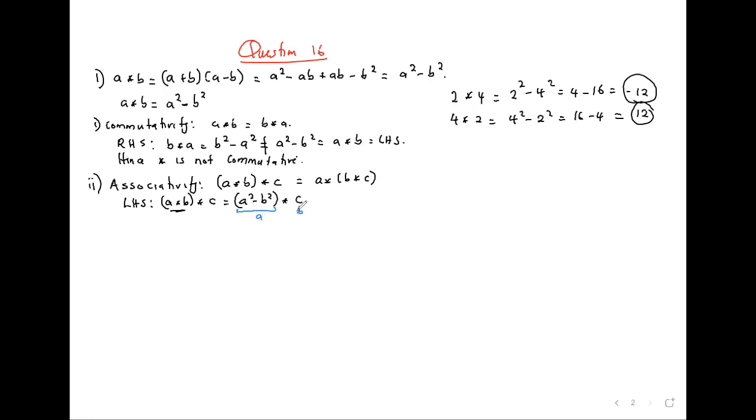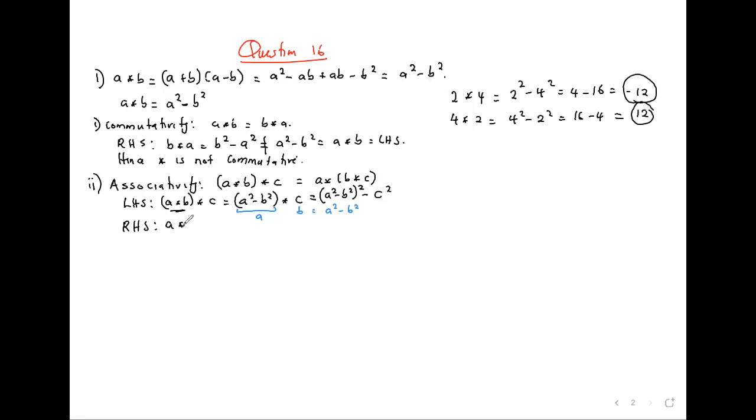This is our new B. So on the right, we must have A squared minus B squared. But what is A? A in black is A squared minus B squared. The whole thing should be squared minus C squared. Just you leave it there. Don't simplify it.